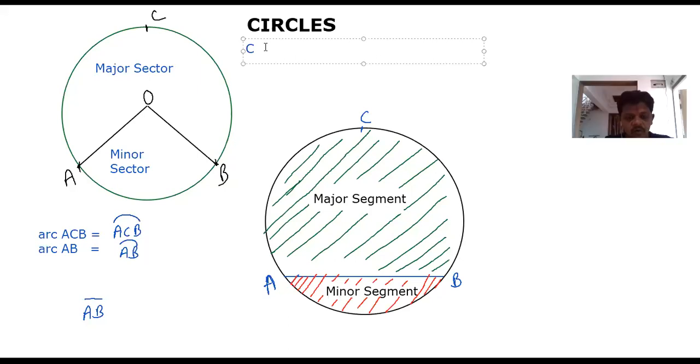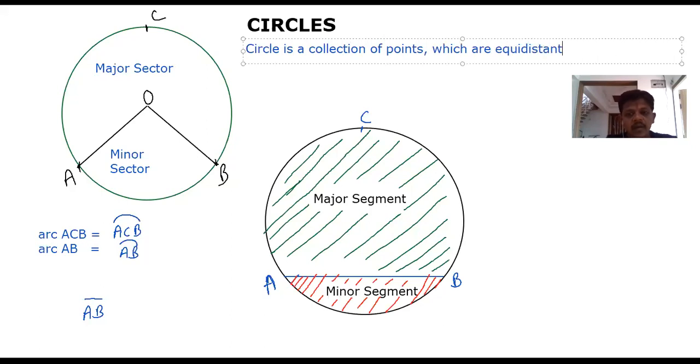Yes. So what is a circle? Circle is a collection of points. Which points? Equidistant points. Correct, which are equidistant from one central point.